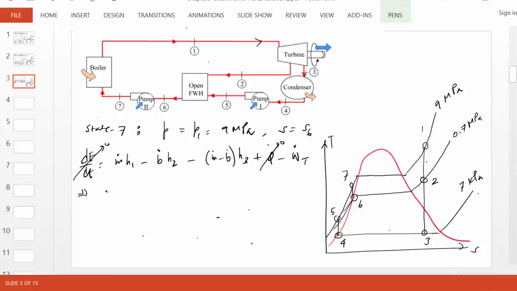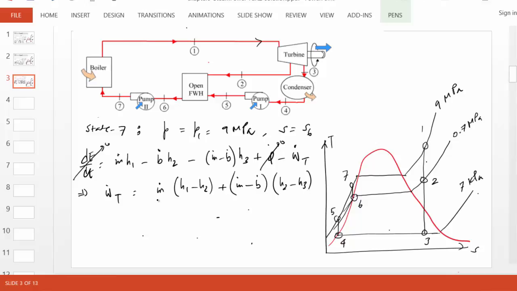If you manipulate this equation, it turns out to be m dot (h1 minus h2) plus (m dot minus b dot)(h2 minus h3).